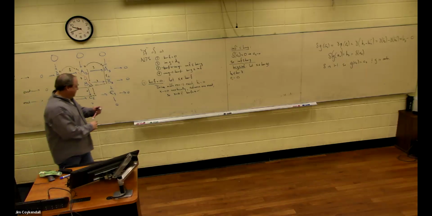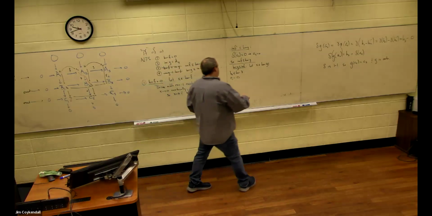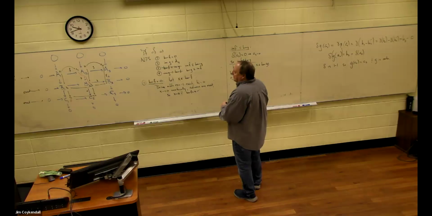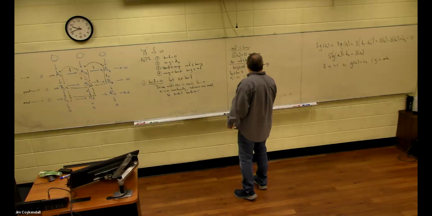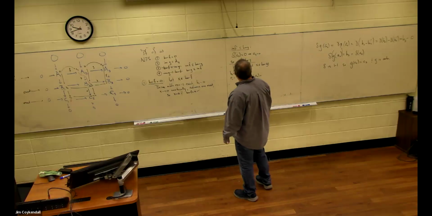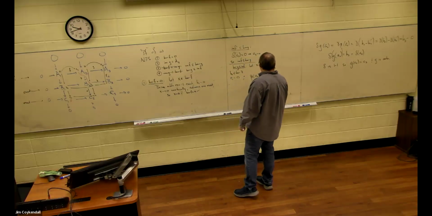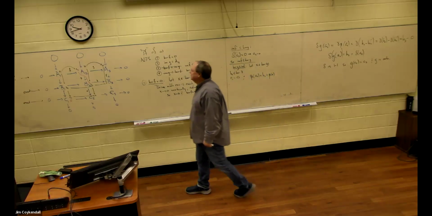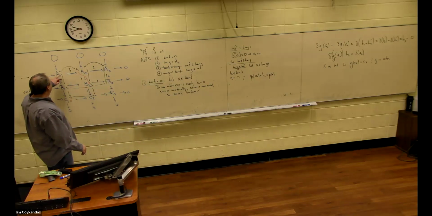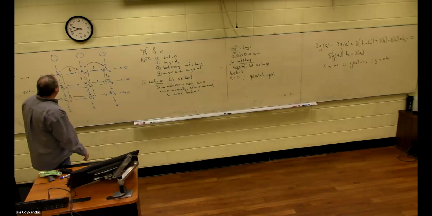So what do I have here? I have beta of A2 is equal to B2, and that's also beta of X, because X goes to B2 and A2 goes to B2.